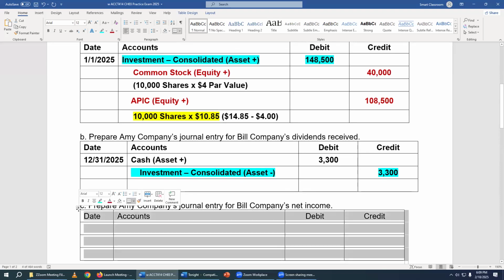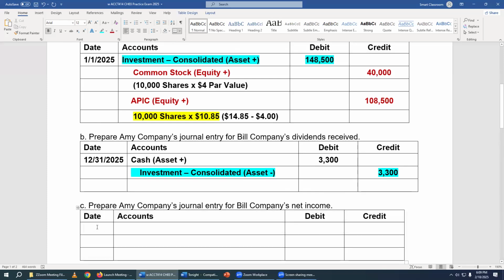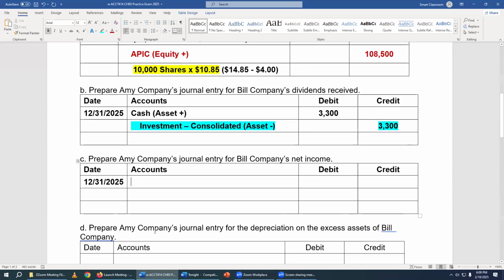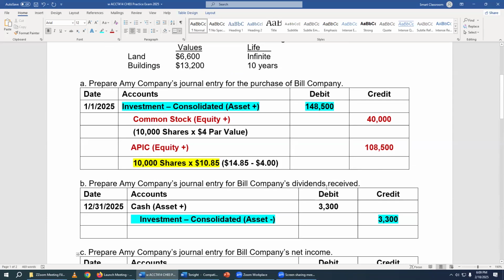Come down here to income. Income is virtually always done at the end of the year. It can be done quarterly too, but there's only been an ending income amount. And that will increase our investment. Asset going up. 13,200.